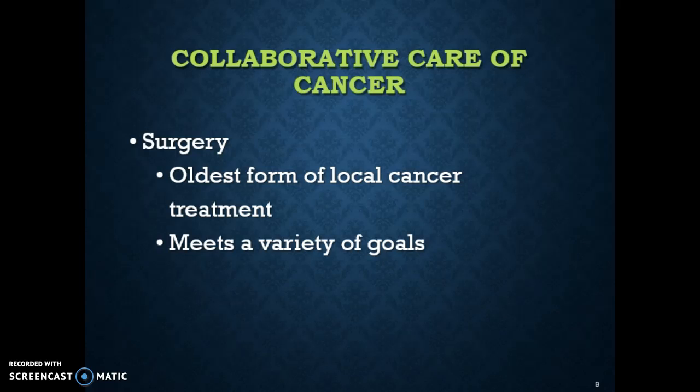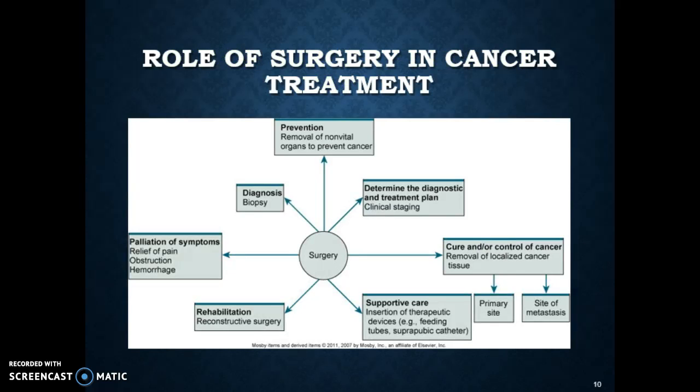So surgery is the oldest form of cancer treatment. It meets a variety of goals and attempts to remove a tumor and get as much margin around that tumor so that there's a barrier of what's removed from regular good tissue, so that perhaps you prevent any regrowth of cancer.